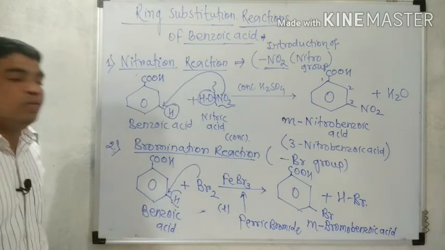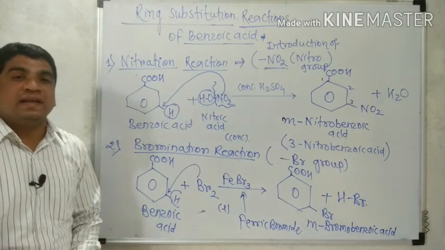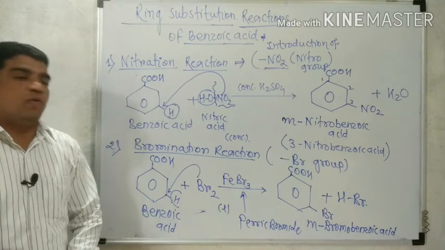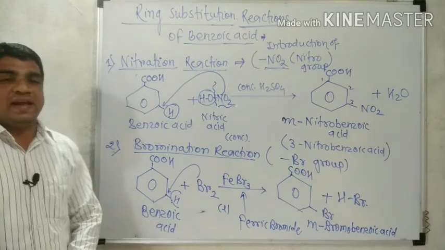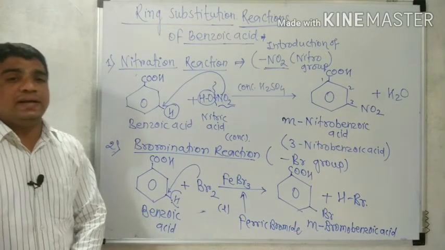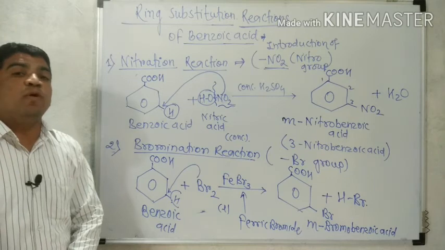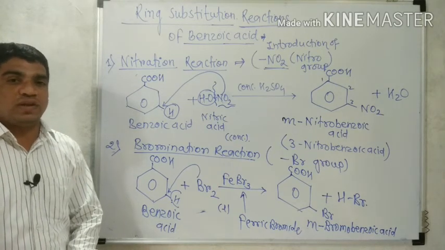Now that was about bromination. The question can be asked as how benzoic acid can undergo bromination, or what happens when benzoic acid undergoes bromination. When benzoic acid is reacted with liquid bromine in the presence of the catalyst ferric bromide, it gives meta-bromobenzoic acid. That was about the bromination of benzoic acid.